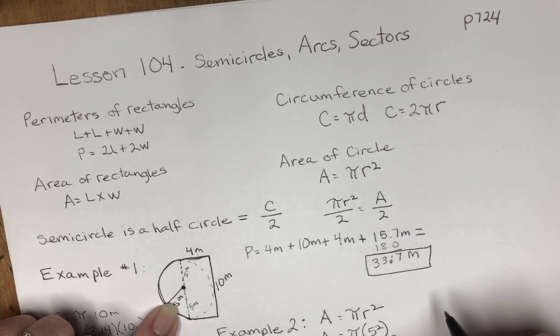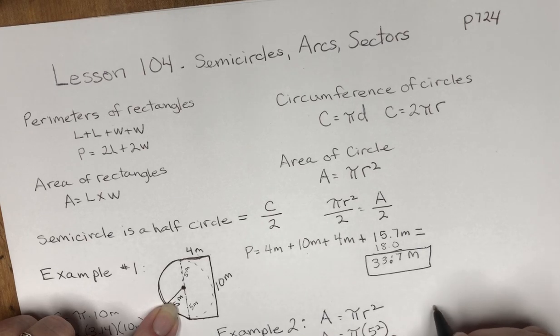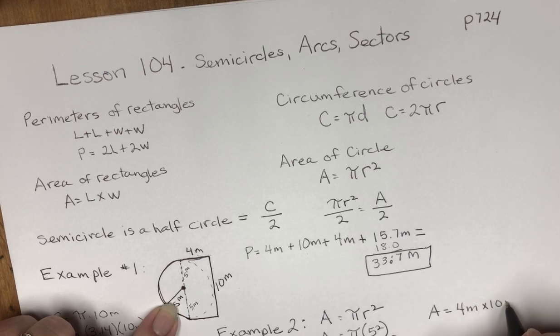And then I have to figure out the area of this part of the structure. My area for the rectangle is 4 meters times 10 meters. And so my area is going to equal 40 meters squared.